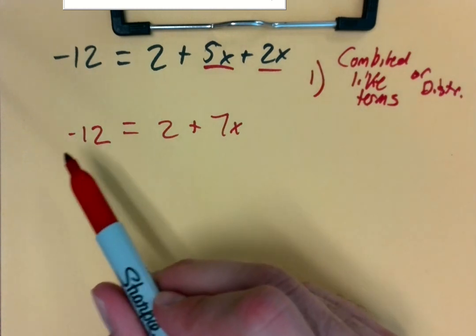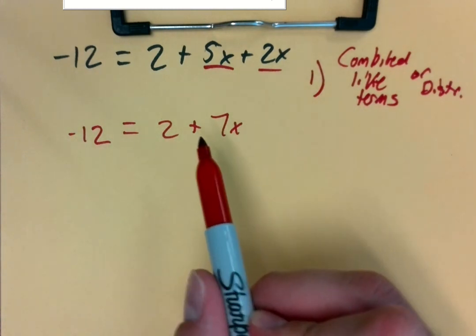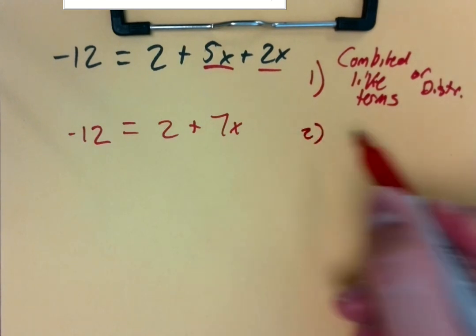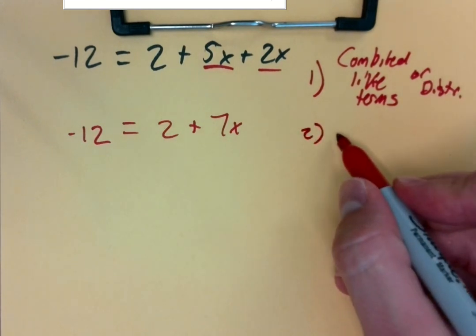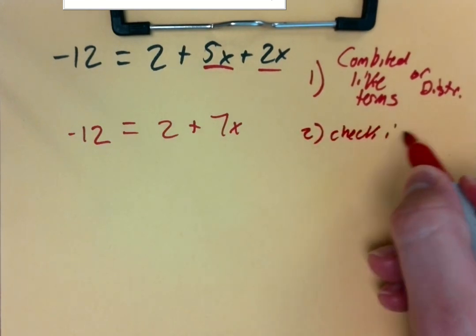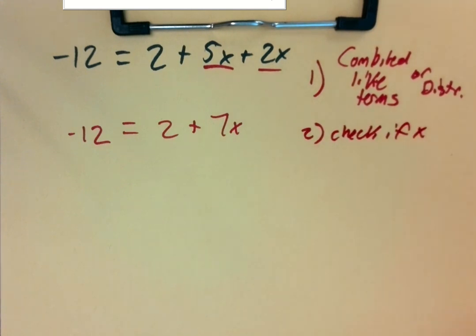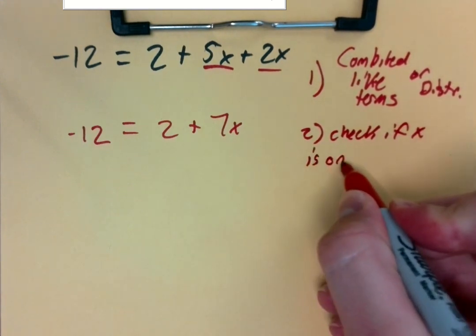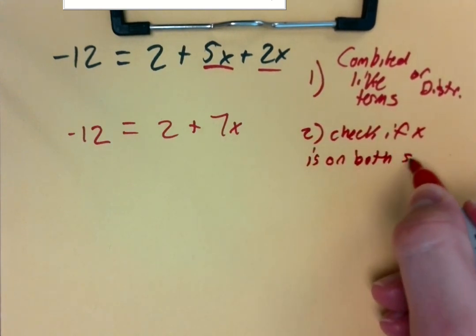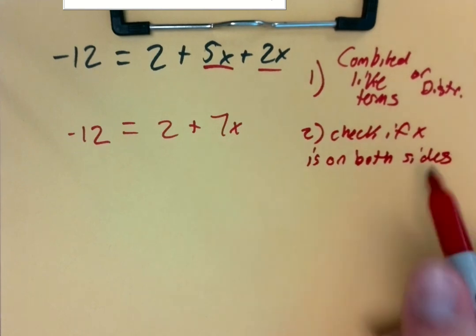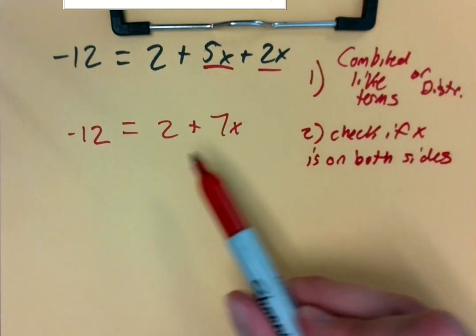Now the second thing I look for when I get to this step is what I mentioned before, which is check if x, or in this case it's just the variable, is on both sides. Now the reason I do that is because if there's an x on both sides, I need to move one of them.